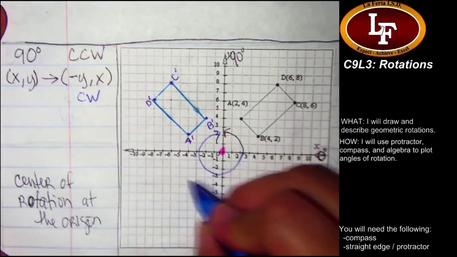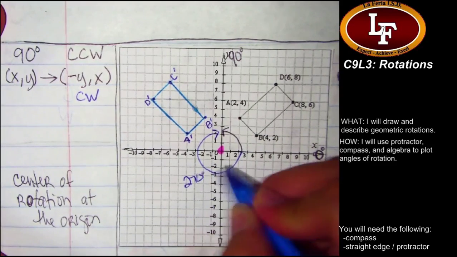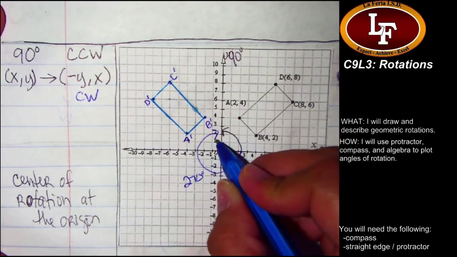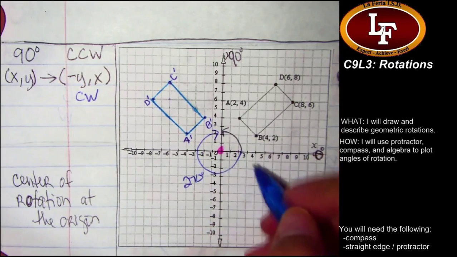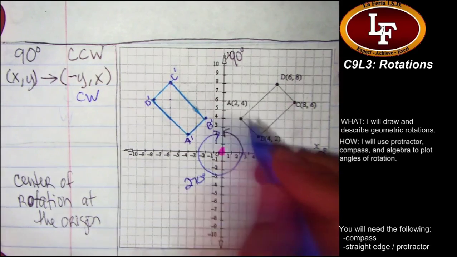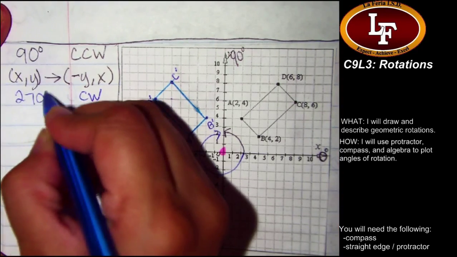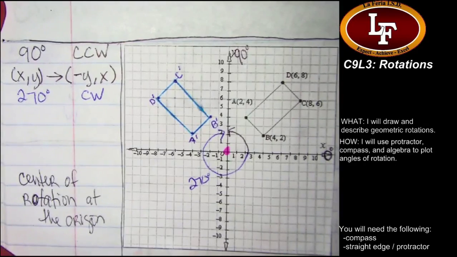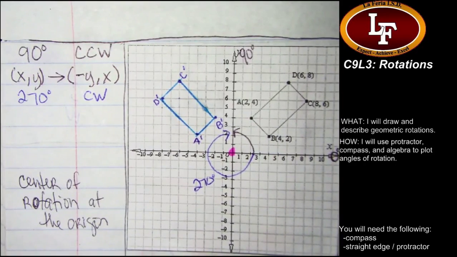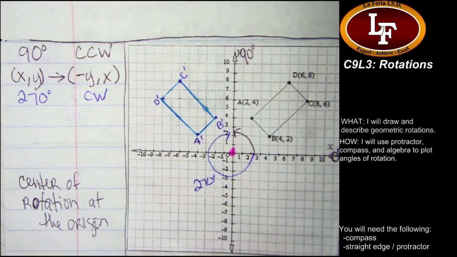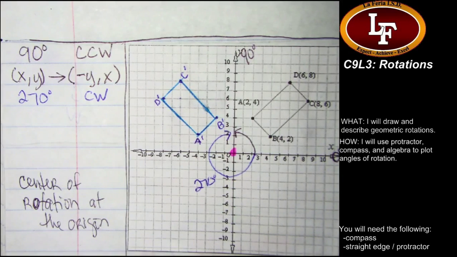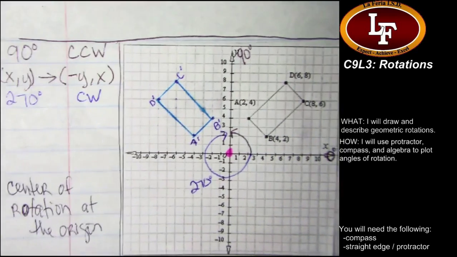So I've gone 270 degrees clockwise to get to the same spot as if I had gone 90 degrees counterclockwise. Those two rotations are completely identical. They do the exact same things. All right?